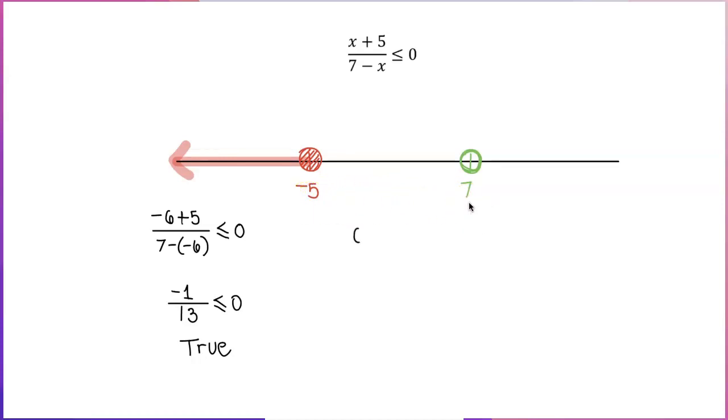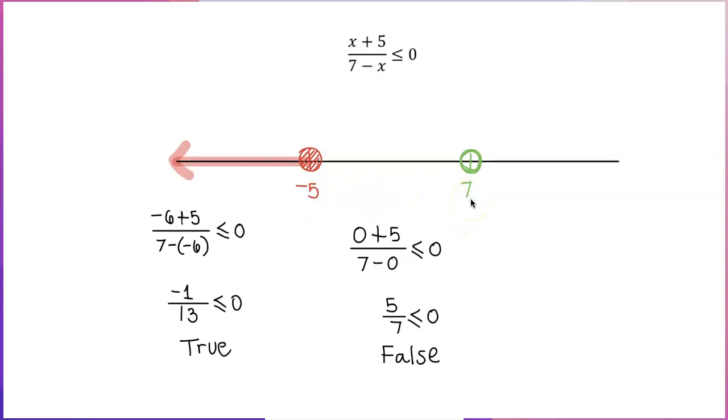So I'm going to do (0 + 5)/(7 - 0), and I want to see if that is less than or equal to 0. Well, that is 5/7, isn't it? Oh no, that's a positive fraction. A positive fraction is not less than 0, so that's false. So the interval between -5 and 7 is not where the solution is coming from.